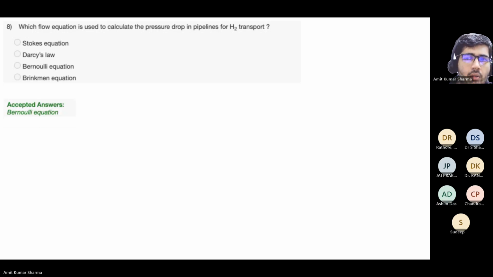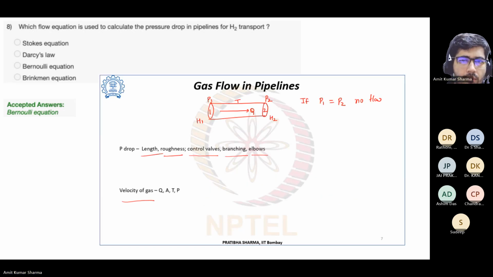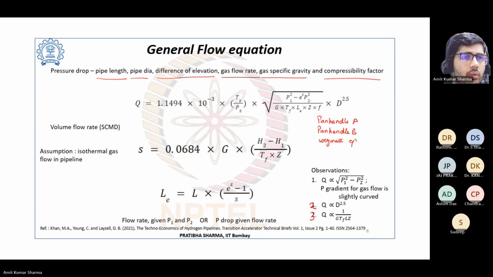Yes, correct. The Bernoulli equation is used for the pressure drop in pipelines. The parameters that can affect the pressure drop are length, roughness, control valves, branching, and elbows. You have equations to measure the pressure drop. For more detail, you can go through the class notes.